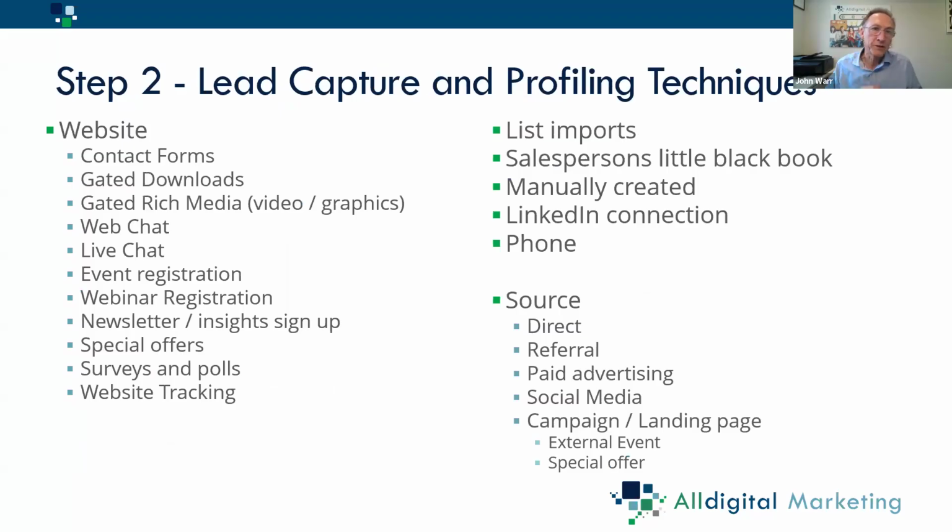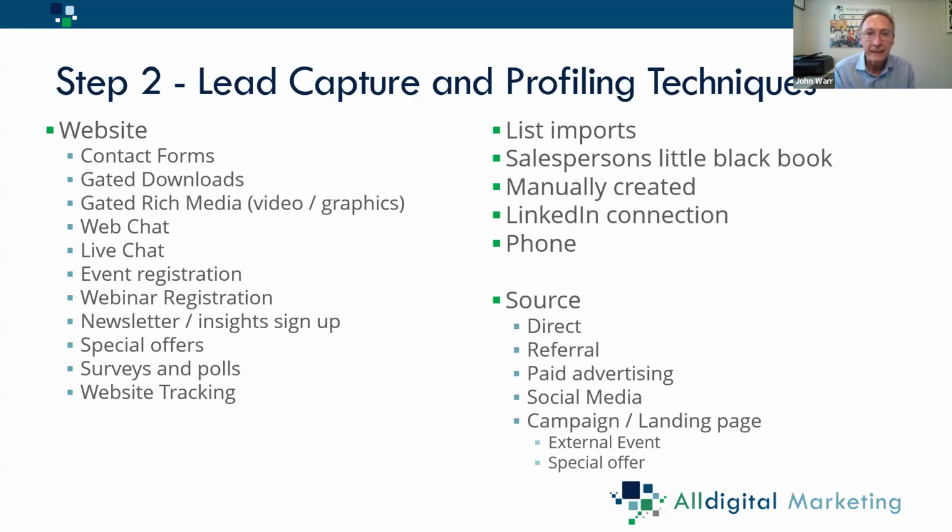So when you start to capture this information, it might not just be the lead that's being captured, as we've just said, through these contacts, but you may have additional things you need to think about. So what happens when you import a list, somebody's little black book, or you pull the information off an old database? It could be that you've manually created it. How do you make sure that you correctly assign it if you manually create it?